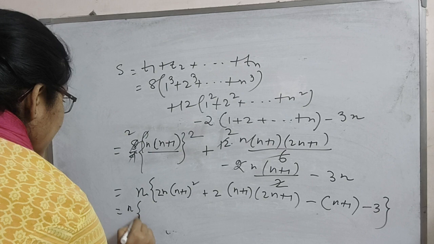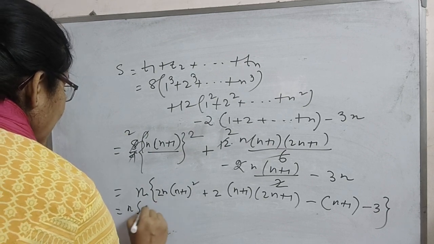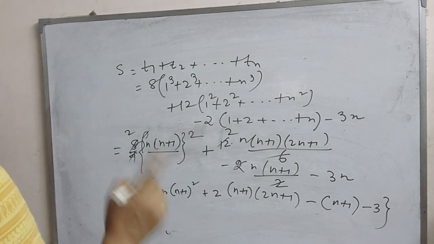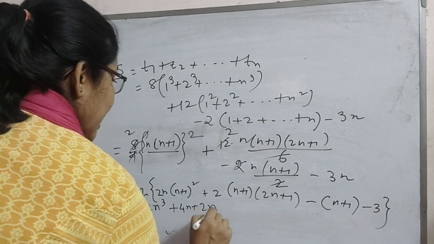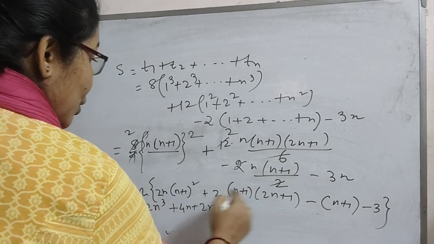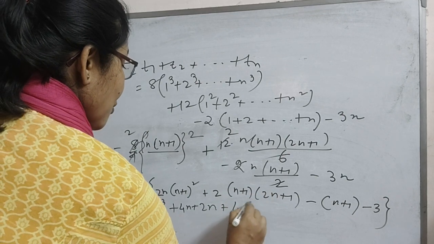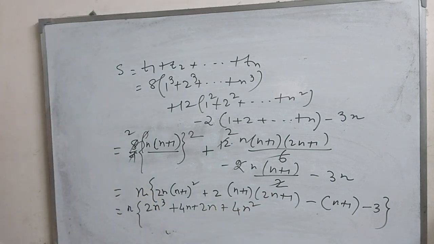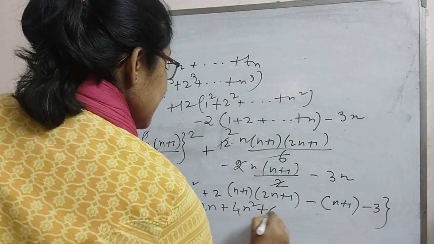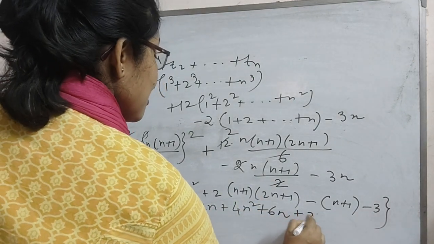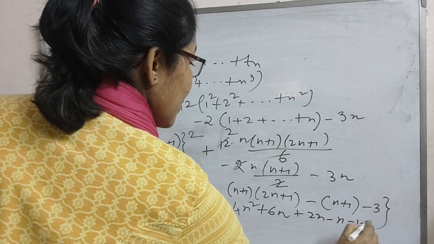This equal to n square, 2n cube, 2n, 4n plus 1, 2n plus 2n square, 4n square, 3n, 6n plus 2n minus n minus 1 minus 3.